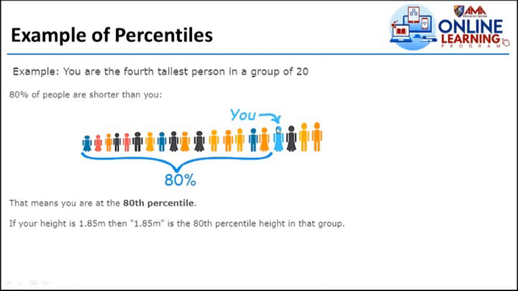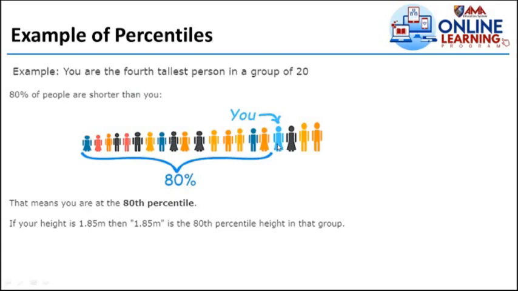Okay? Kung ba yung range po natin dito ay nasa 80, 80th percentile po kayo. So if your height is 1.85 meters, then 1.85 meters is the 80th percentile height in that group. So yun po ibig sabihin ng percentile.